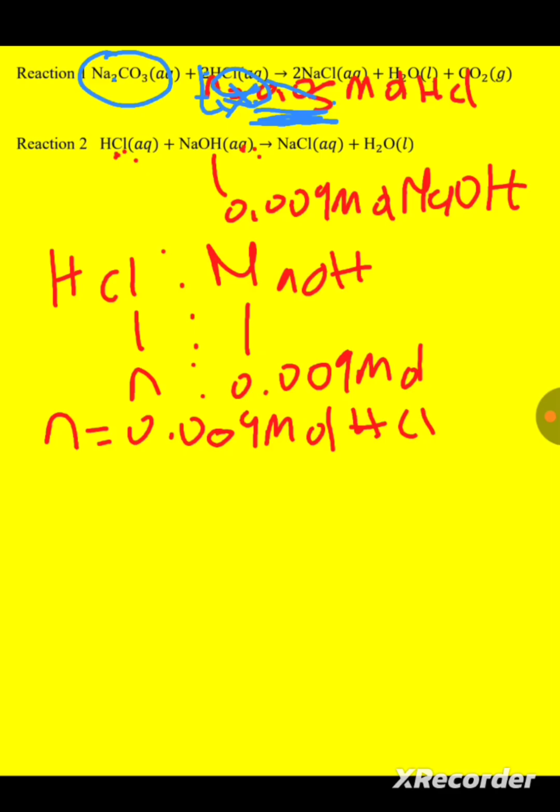Excess has got initial, it has got reacted, and it has got left over. So it has got three number of moles. It is not all the initial that reacts completely with that. It is a certain amount of moles out of this initial that reacts. So to get information about another substance, you must get the reacted number of moles of the excess.